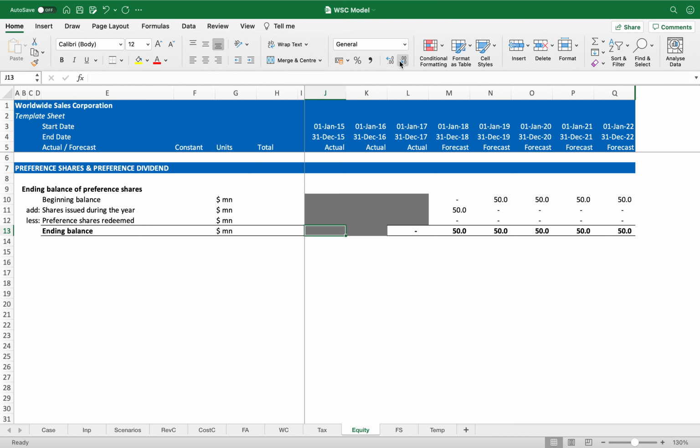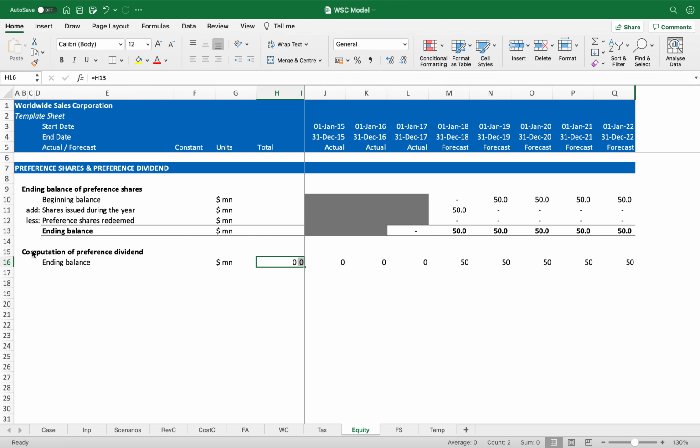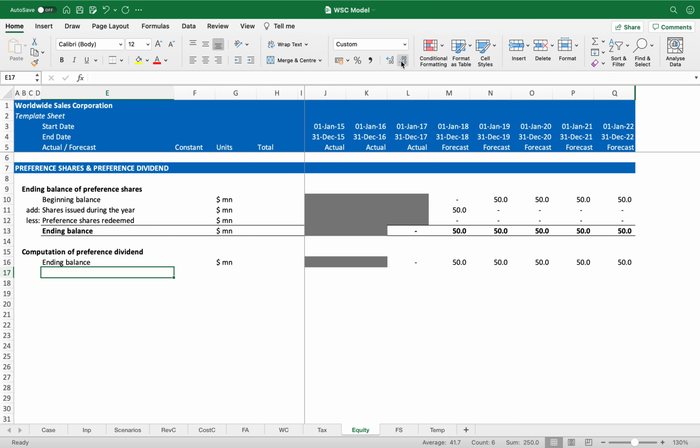Now since we have the ending balance of preference shares, this needs to get linked to the financial statement. Let's link it later. Let's complete this first. Now let's compute the preference dividend. We have the ending balance of preference shares here.